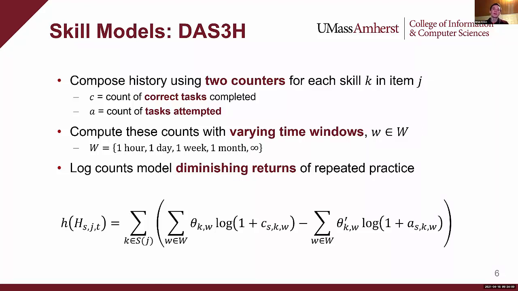These counts are computed on varying time windows. For example, we use the past hour, the past day, the past week, the past month, and the learner's entire practice history. This model also uses log counts instead of plain counts to model diminishing returns of repeated practice.